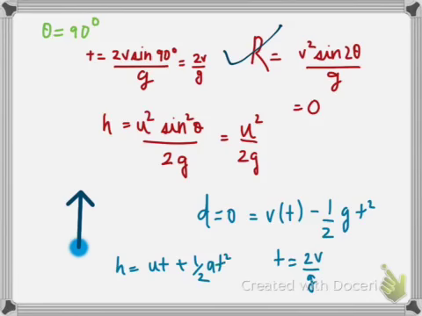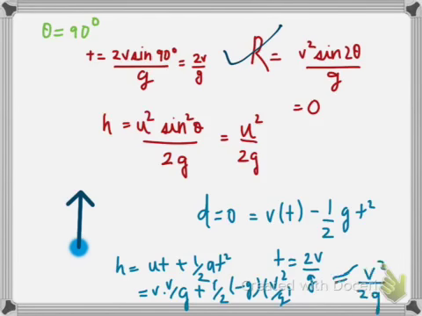This time the t will be v by g, therefore it is v into v by g plus half times minus g times v square by g square. From here we get this equal to v square by 2g, and that is what we have from the equation. Therefore this is also a type of projectile motion.